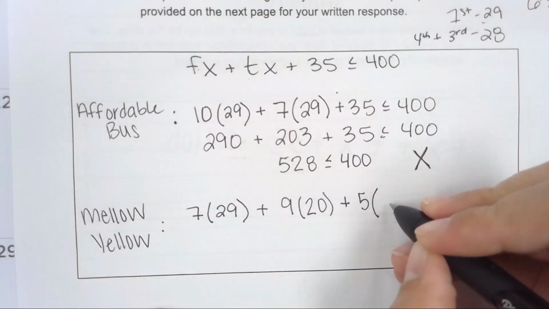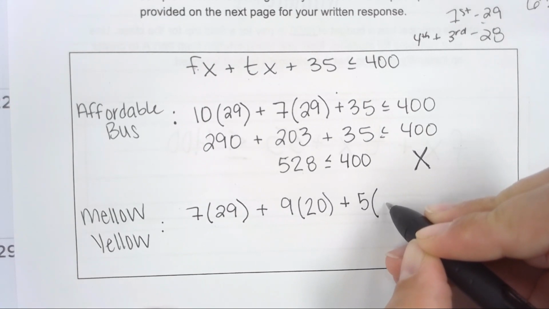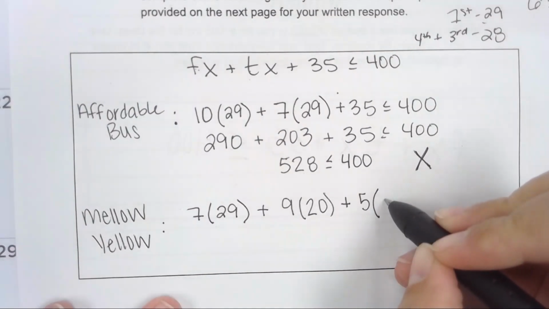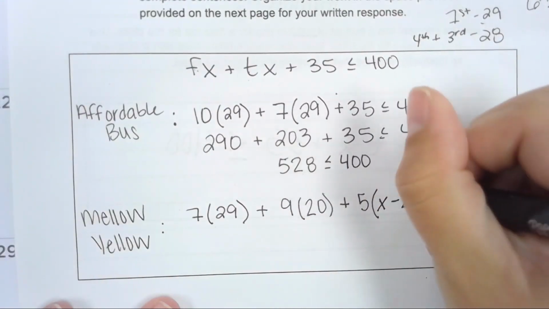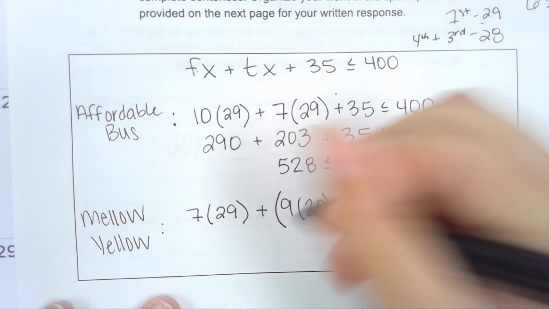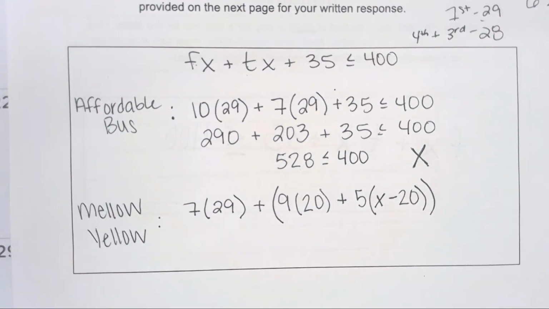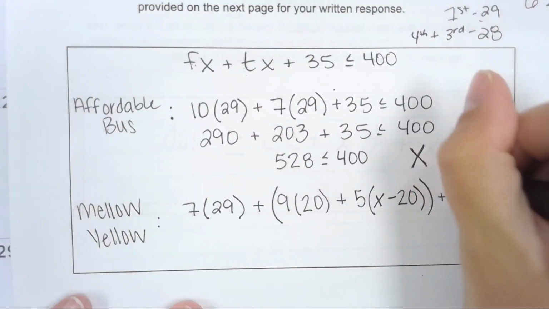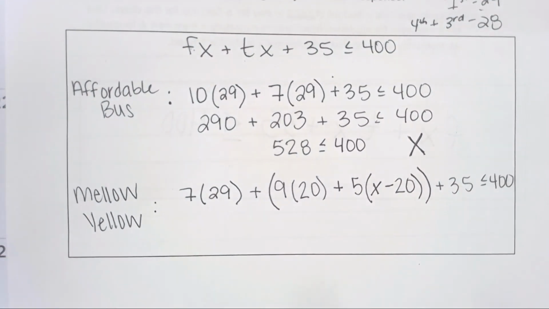So depending on how many extra students you have, it's going to be your X minus the 20 students that you already accounted for, and all of this will be in one thing for transportation. So that's why everything is enclosed in that parentheses. Then you still have to add on that $35 service fee, and all of this should be less than or equal to 400.